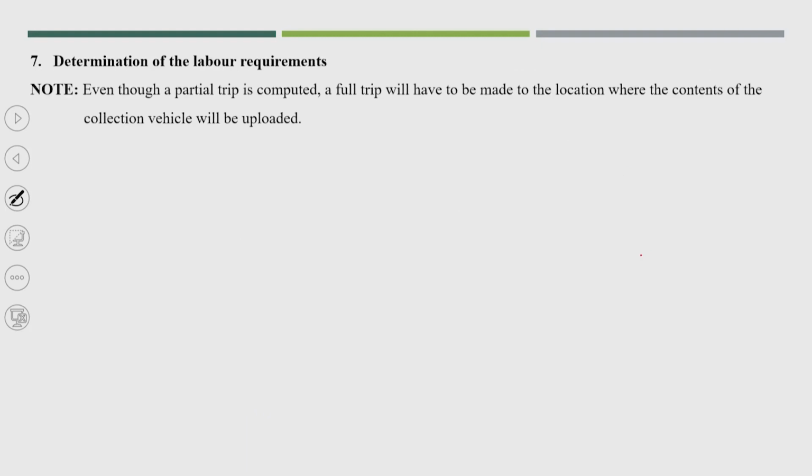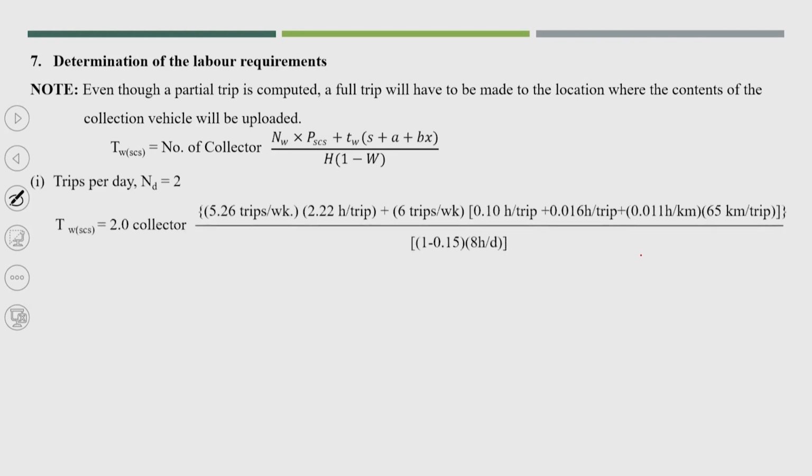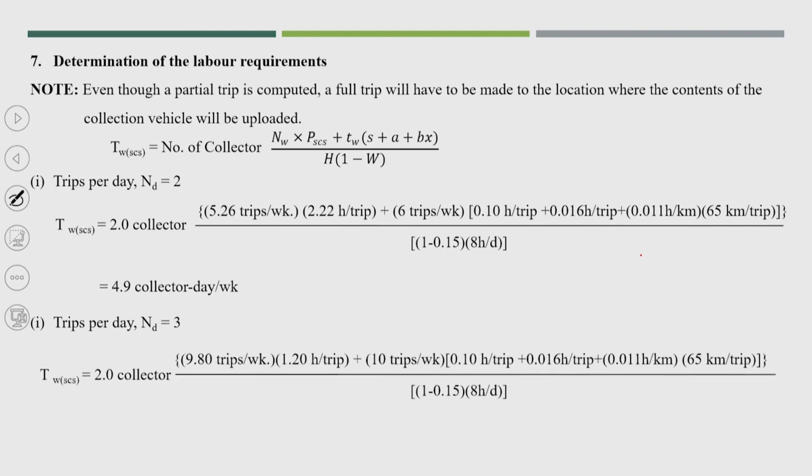So, in the same way the full trip has to be made in the location. So, we can calculate by the similar formula. For ND 2 it is coming out to be 4.9 collector days per week, and for ND 3 it is coming out to be 5.9 days per week.